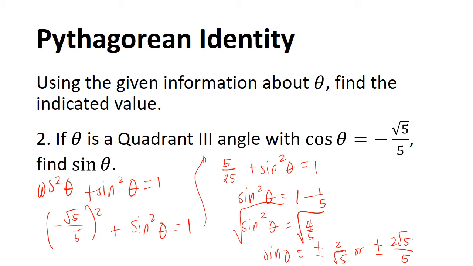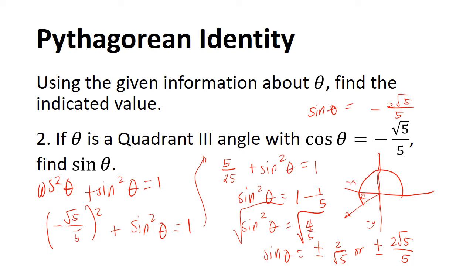Again, we're not done yet. We need to determine which sign to use, whether positive or negative, and that depends on where our angle, or the terminal side of the angle, is. So, let's draw. The angle is in quadrant 3. Its terminal side is in quadrant 3. So, here. And as you can see, when our angle is here, x is negative, and y is also negative because it's below. And since y is sine, the sign is negative. So, the final answer: sine of theta is equal to negative 2 square root of 5 all over 5.